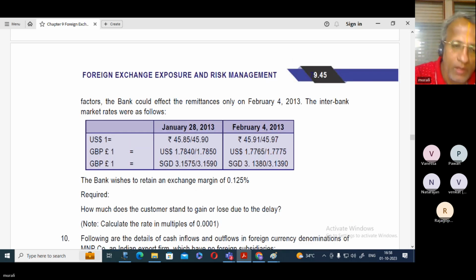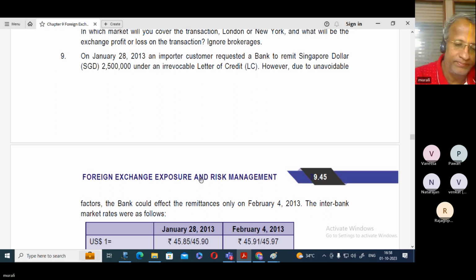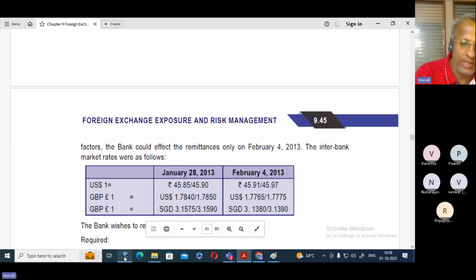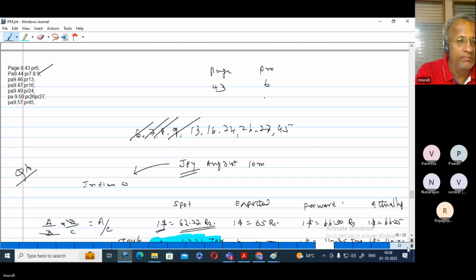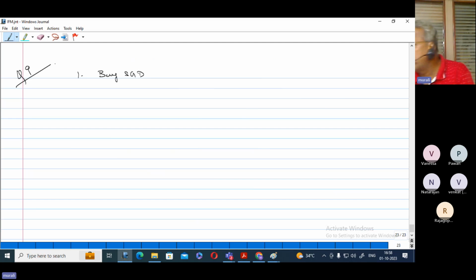First and foremost, they want to remit Singapore dollar. Therefore, they have got to buy SGD, Singapore dollar.